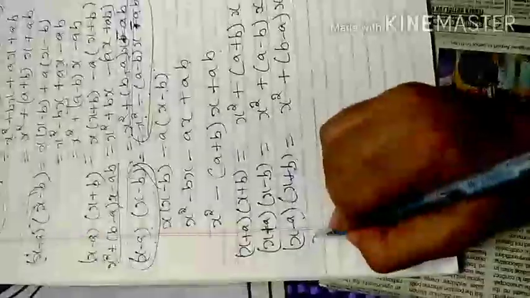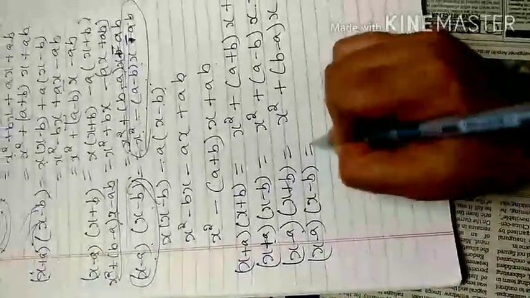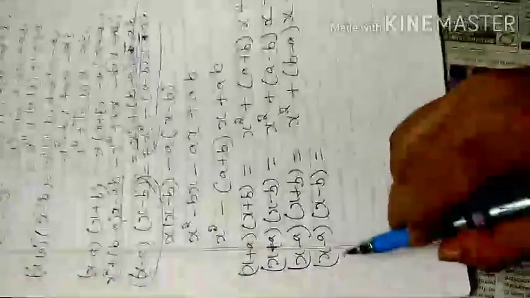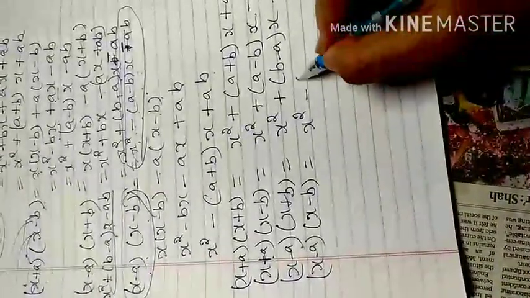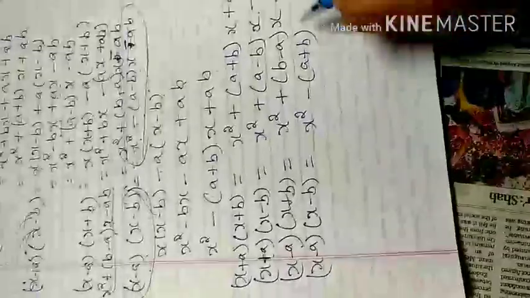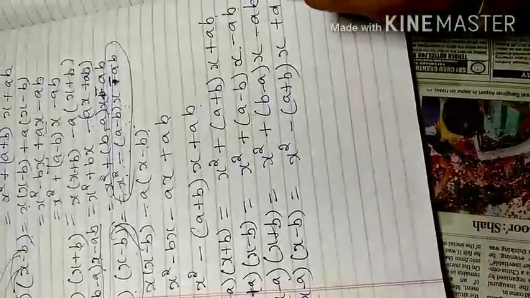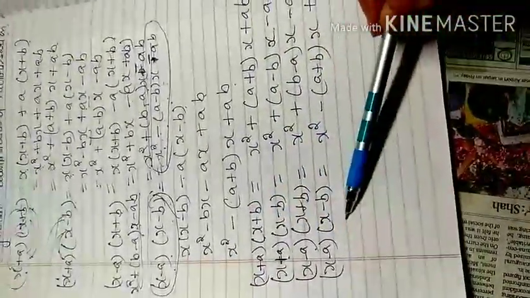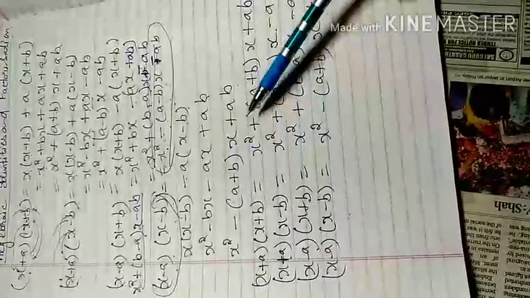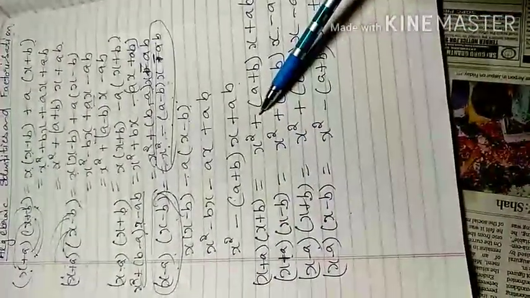And here if both are negative, (x - a)(x - b), it is x square minus (a + b) x, and negative into negative gives me positive ab. If you just look at the formula above, if both have the same sign, that sign is taken as common.